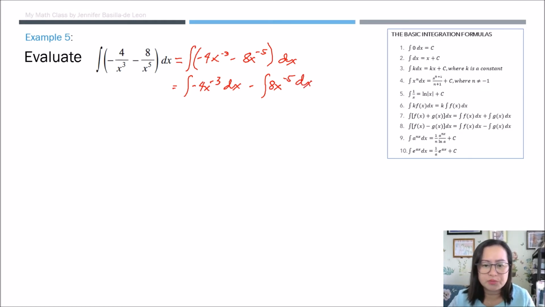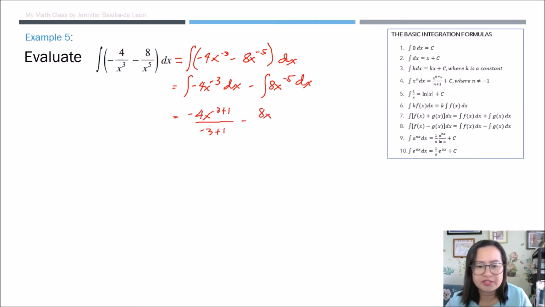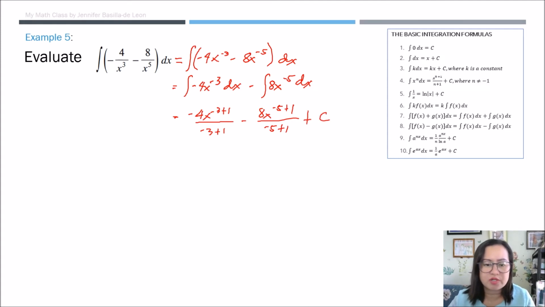Now applying rule number 4, we will have negative 4x raised to negative 3 plus 1 over negative 3 plus 1 minus 8x raised to negative 5 plus 1 over negative 5 plus 1 plus the arbitrary constant c.